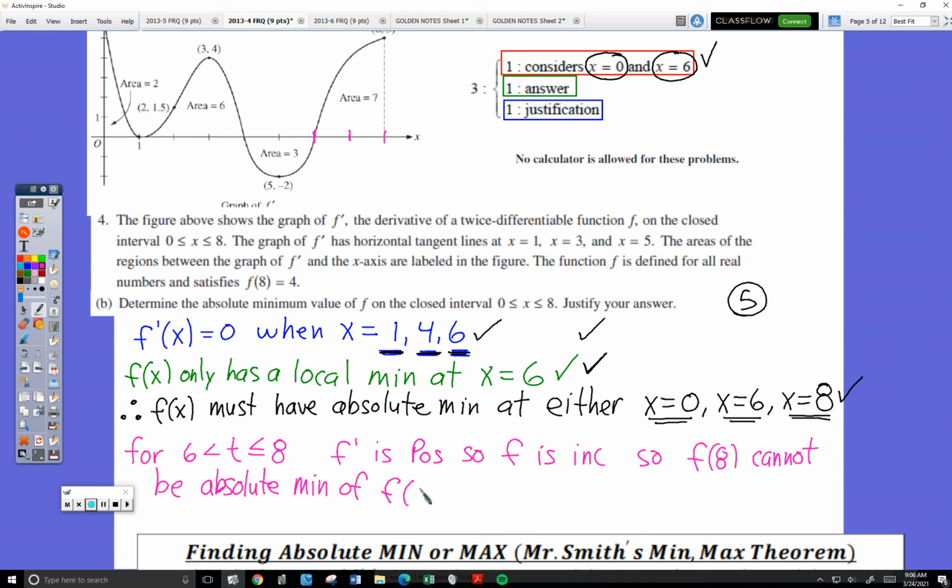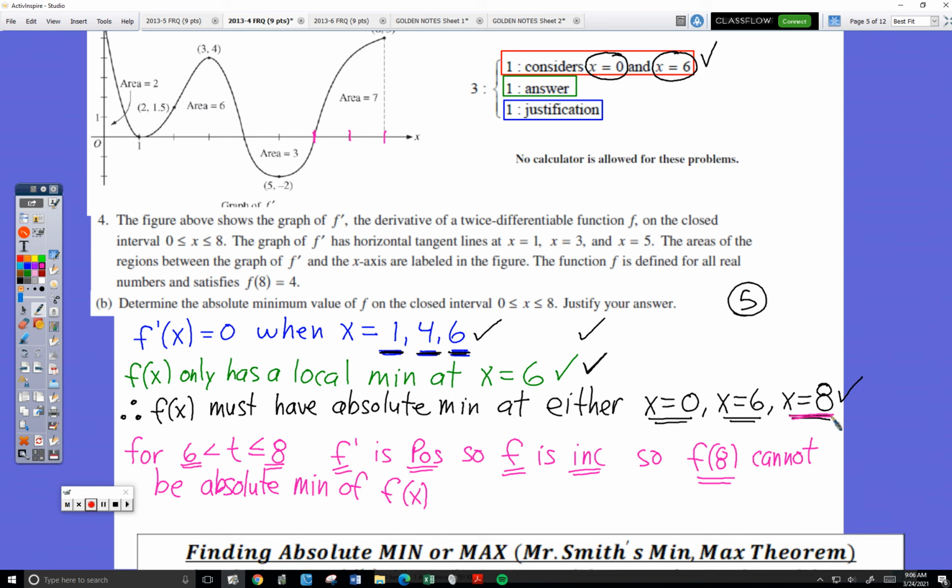Because from time equal 6 to time equal 8, f prime being positive means the graph of f is going up. So because f is going up, the last point on f can't be the lowest point on f because f was going up. So right there we eliminated this candidate.